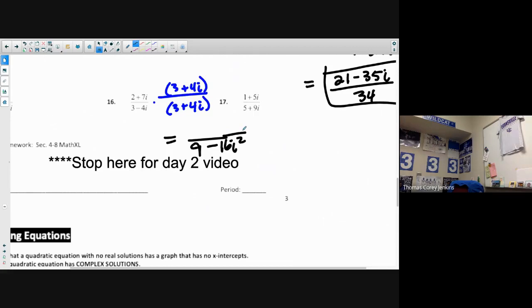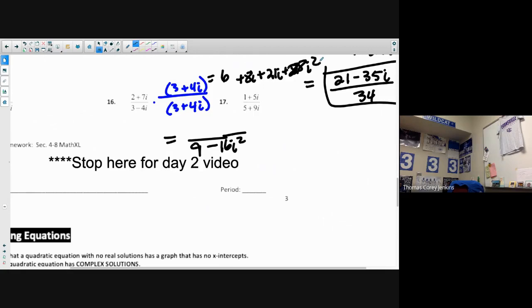All right, there is no shortcut for the top, so we'll just have to go ahead and multiply it out, okay? So 2 times 3 is going to be 6. 2 times 4i is going to be 8i. 7i times 3 is plus 21i. And 7i times 4i is going to be plus 28i squared.